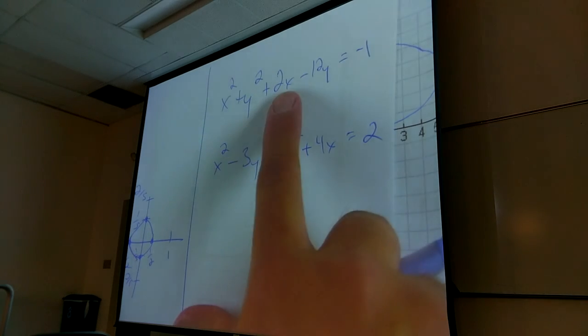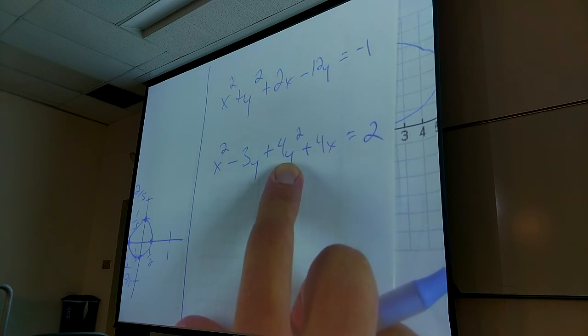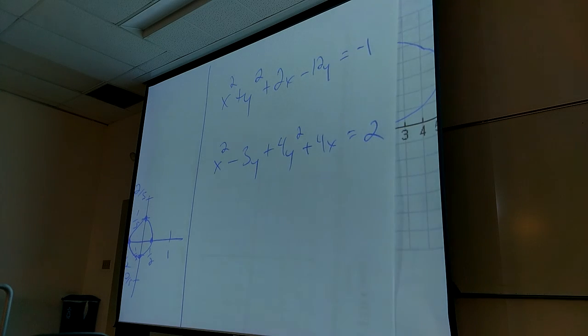Can you tell me, if I graph this, what would it look like? What's the key difference between a circle and an ellipse? The coefficients of the x squared and y squared. We dealt with this yesterday, we've seen it today.